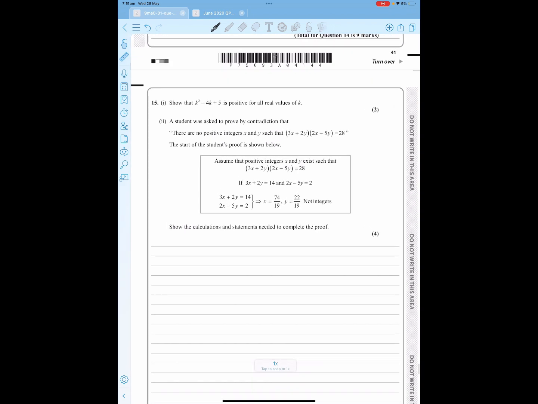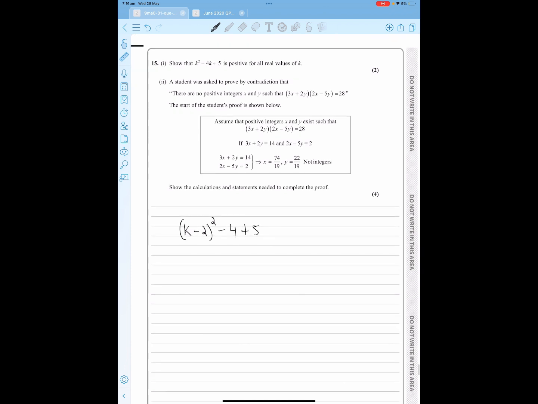The last question is a proof. Yep, everyone's favorite. Show that k squared minus 4k plus 5 is... Yep, okay, this is not that bad, actually. You can just do the completing the square. So (k minus 2) squared minus 4 plus 5. (k minus 2) squared plus 1.